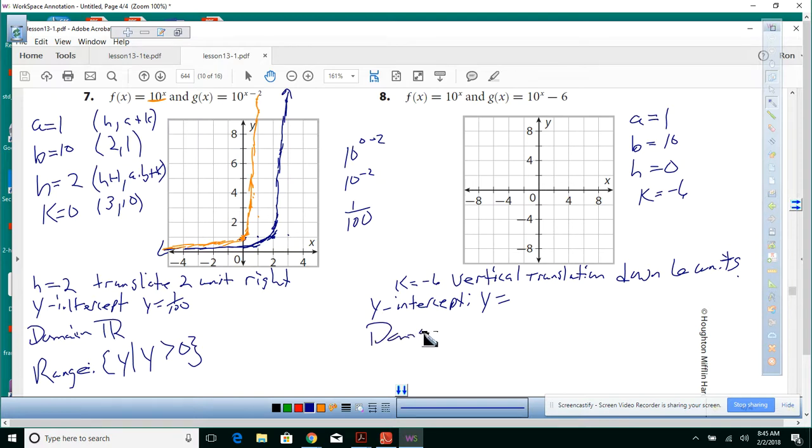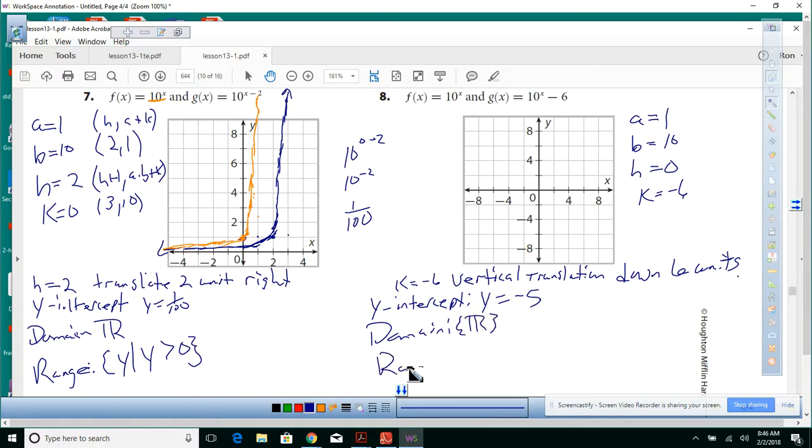Domain, let's see, 0. I think it's going to be negative 5, because 10 to the 0 would be 1, minus 6 is negative 5. And the domain is all real numbers.